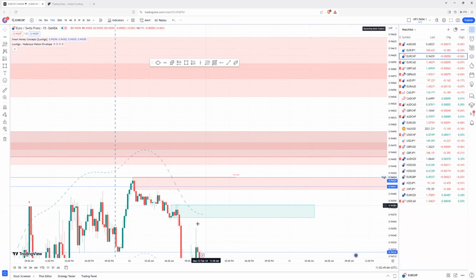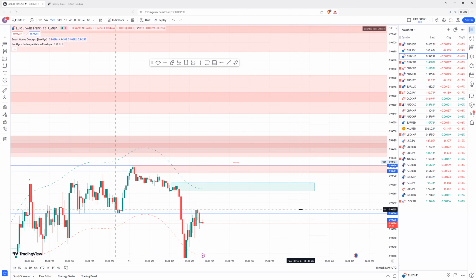I like these areas. These areas are also good, but like I said, I prefer the top here, and that's where Nadaraya also gave me. Sometimes after making these setups, Nadaraya will give you what it thinks is the best order block. In this example, Nadaraya gave me this place as an order block.